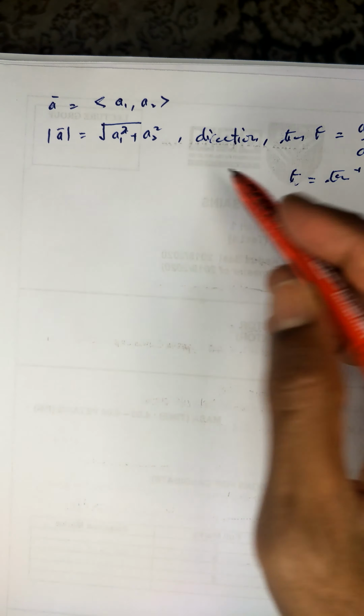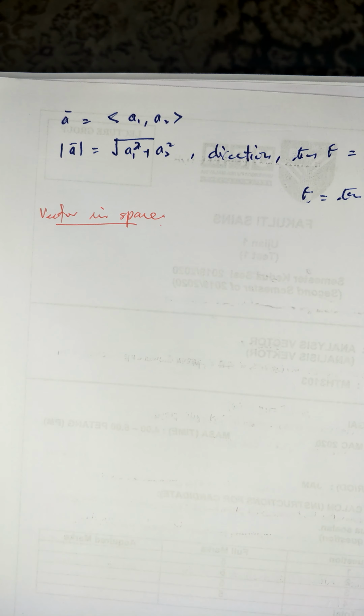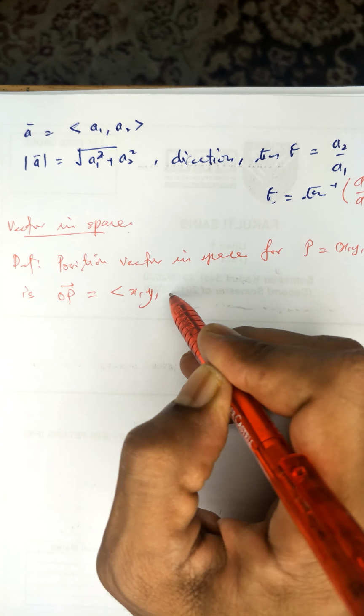Now let's look at vectors in space. So, the definition for the position vector in space: for, let's say, a point P with coordinates (x, y, z), the position vector OP is given as the vector with components x, y, z.